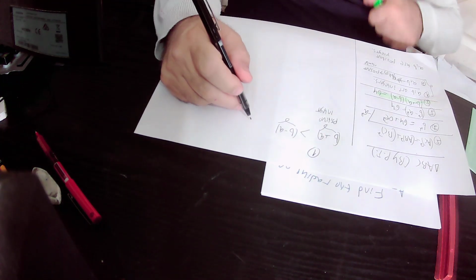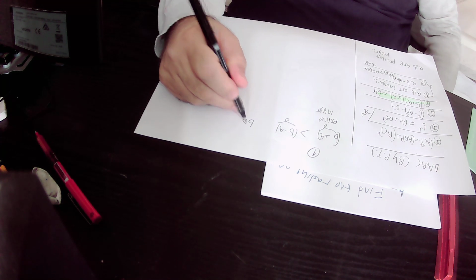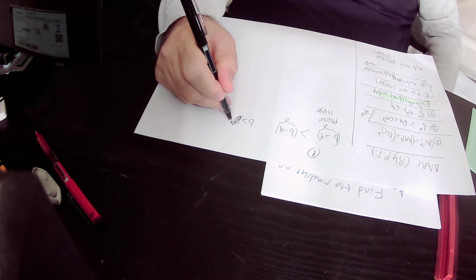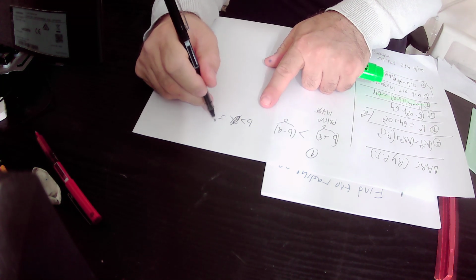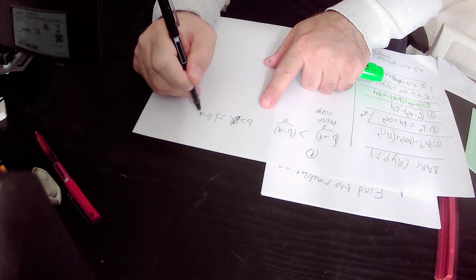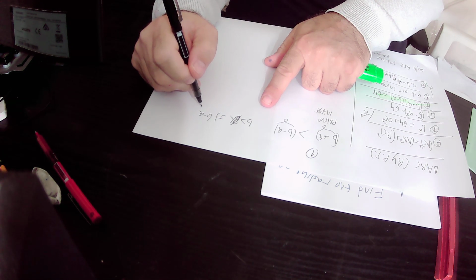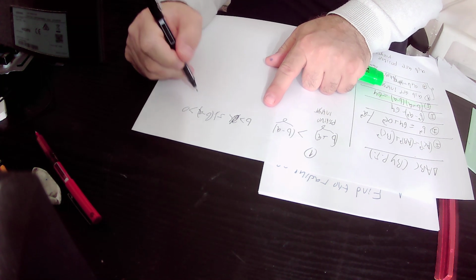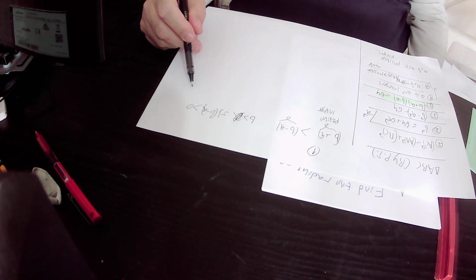And we know that the hypotenuse is always greater than the perpendicular, so B is greater than A. We subtract A from this inequality and we will get that B minus A is greater than 0. That is to say, B minus A is a positive number.